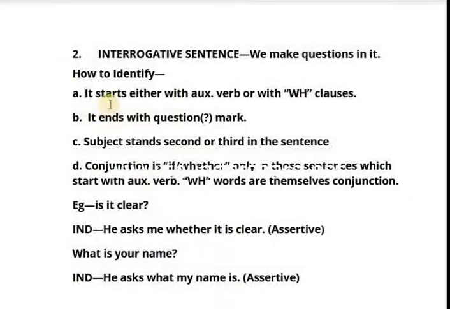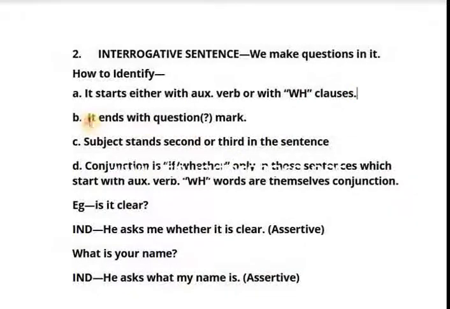In an interrogative sentence, the first identifier is that it starts either with an auxiliary verb or with WH words, which are how, where, which, what. These are all the WH words which are interrogative in use.